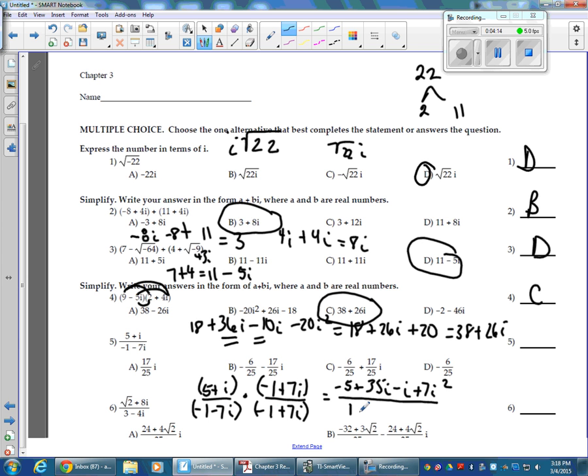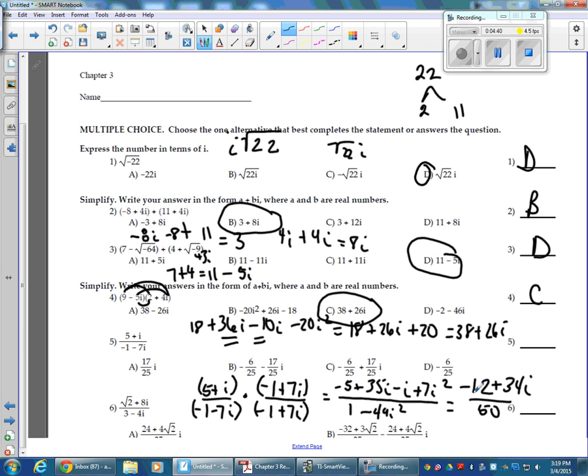And then I would have minus 49i squared. All right. i squared is negative 1, so this is negative 5, and this becomes a negative 7. So I'd have negative 12, and then 35i minus i would be plus 34i over, minus 49i squared would be negative 49. 1 minus negative 49 would be 50 on the bottom.